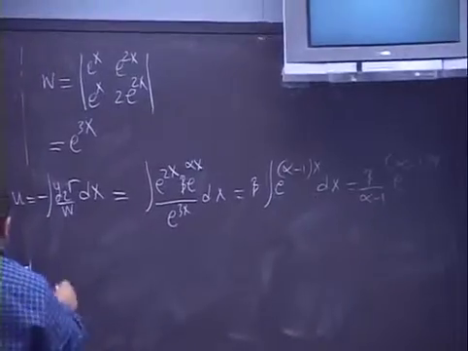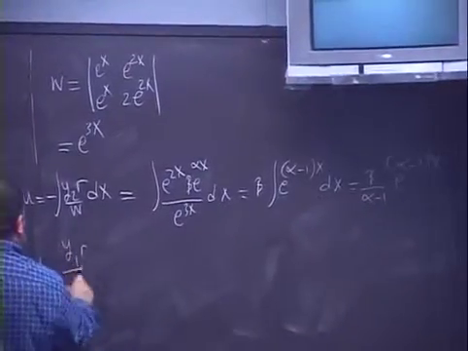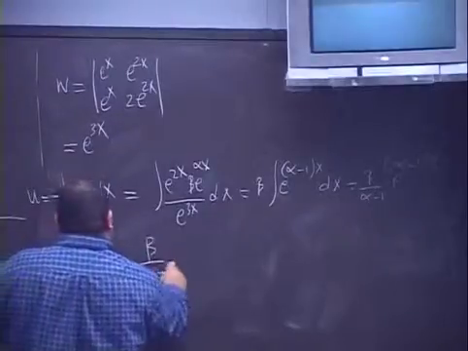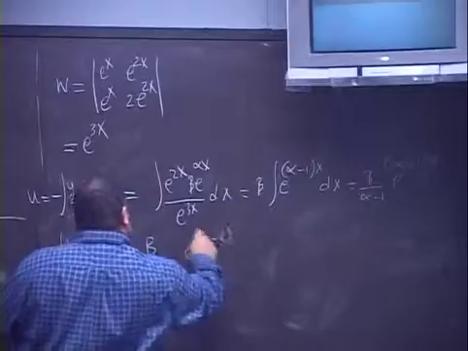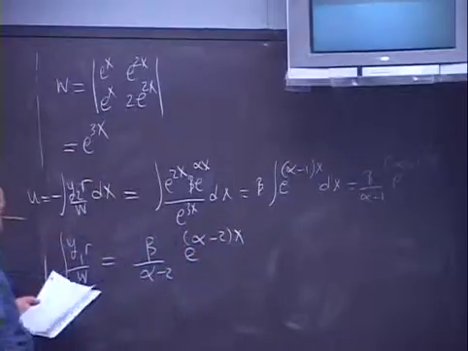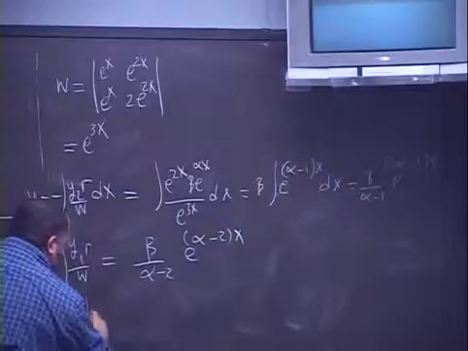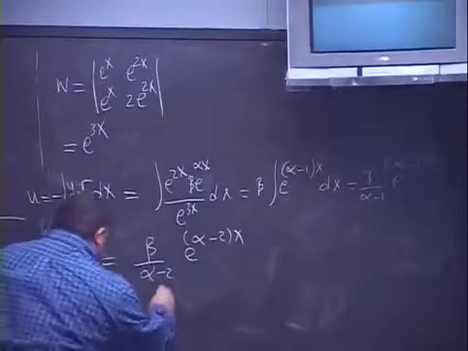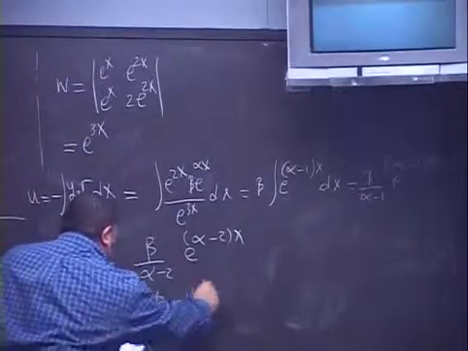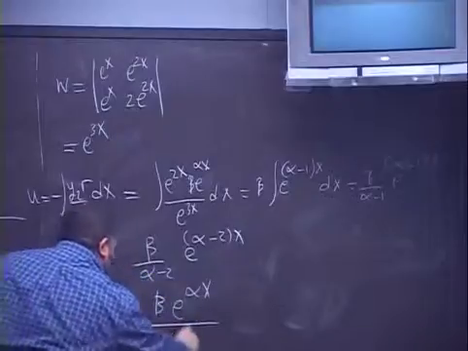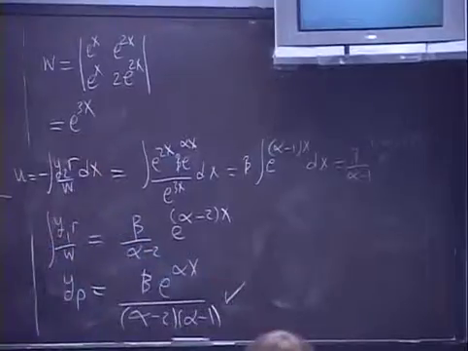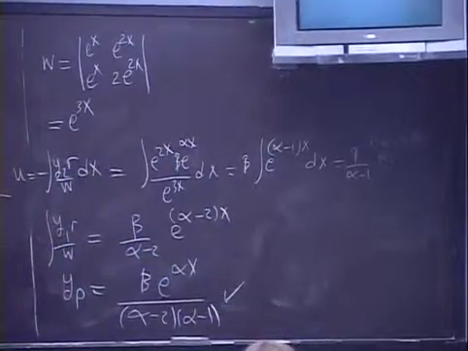What's y1 r over omega? If you do this, this will give you beta over alpha minus 2 e to the power of alpha minus 2 x. So the particular integral, if you substitute this in the equation, you will get beta e to the power of alpha x divided by alpha minus 2 multiplied by alpha minus 1, which is what? Same solution.